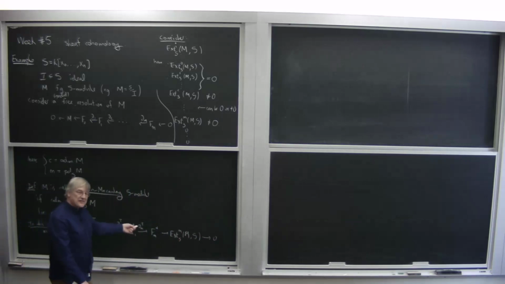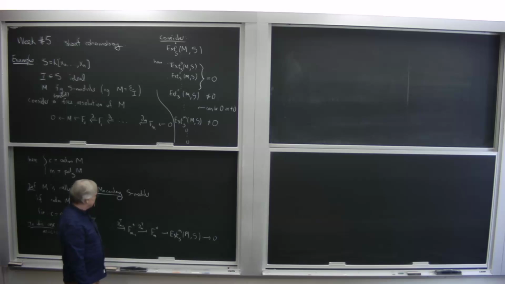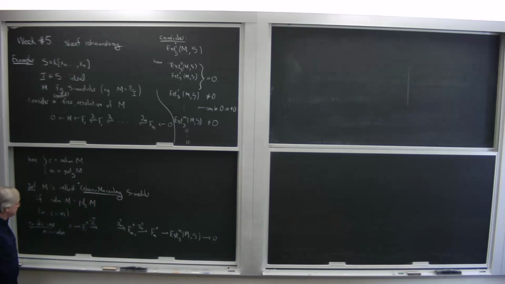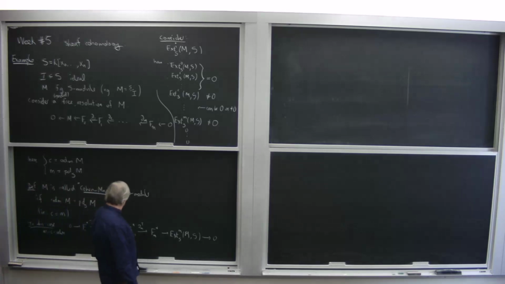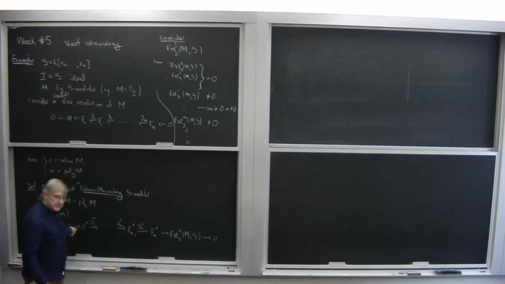Now, what do we know about the rest of this? Any suggestions? This is a complex, right? How exact is it? What does it mean for a long exact sequence to be left exact? A short exact sequence being left exact makes sense, but when you have a lot of them, you could break it up into lots of short exact sequences and get that.